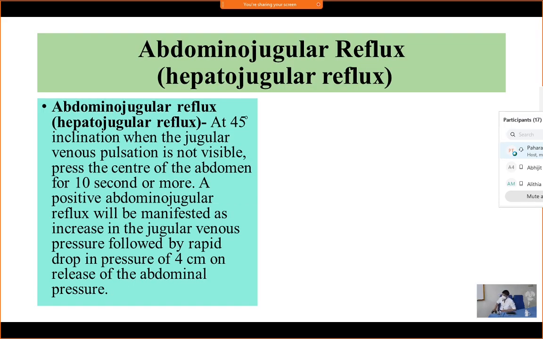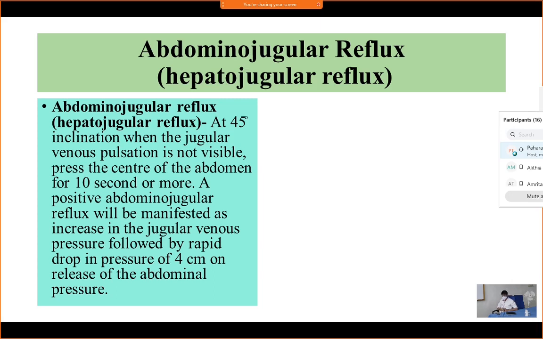Now, how we do the hepatojugular reflex, also called the abdominal jugular reflex. For the abdominal jugular reflex, at 45-degree inclination, when the jugular venous pulsation is not visible, press the center of the abdomen for 10 seconds or more. A positive abdominal jugular reflex will be manifest as an increase in the jugular venous pressure, followed by a rapid drop in the pressure of more than 4 centimeter on the release of the abdomen.